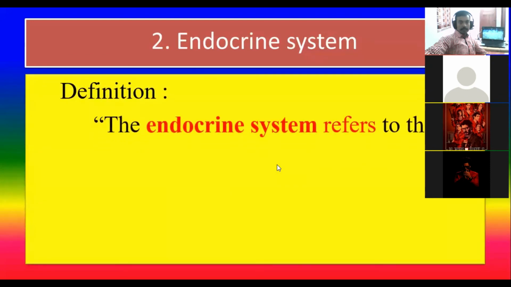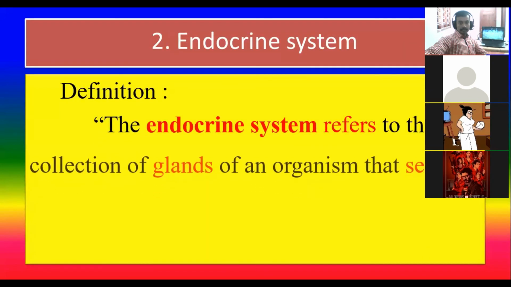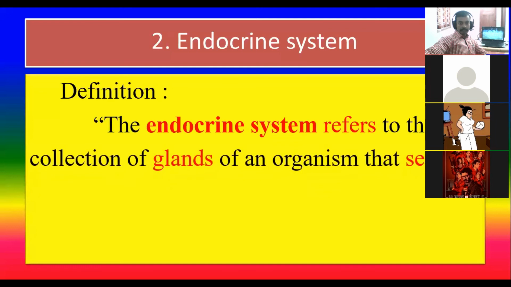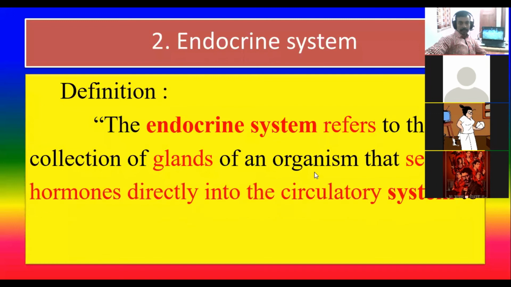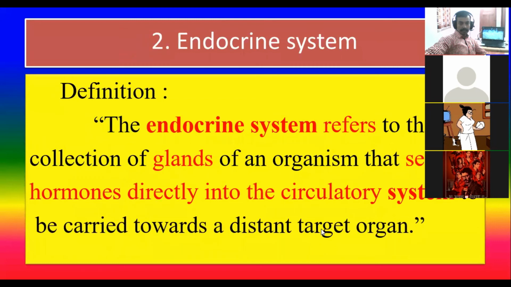Define endocrine system: endocrine system refers to glands that secrete hormones directly into the circulatory system, carried towards a distant target organ.